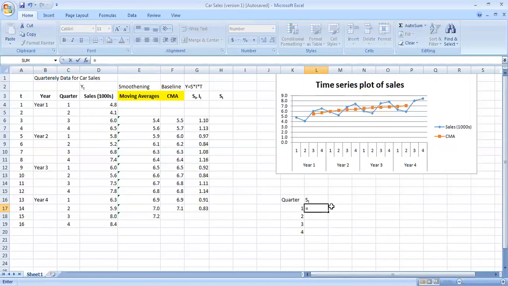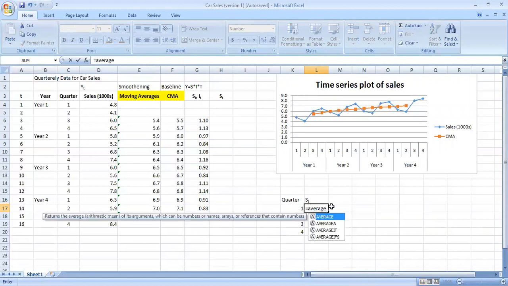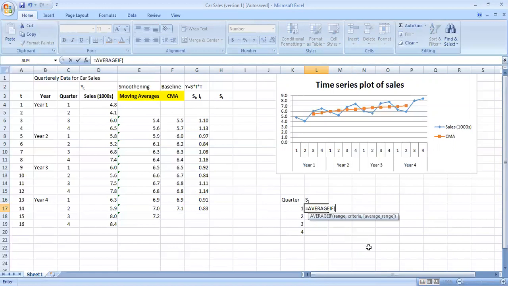AVERAGEIF is the function. The range goes from here to here, because this is the data set that we are going to use in order to find the average. So this is the range.